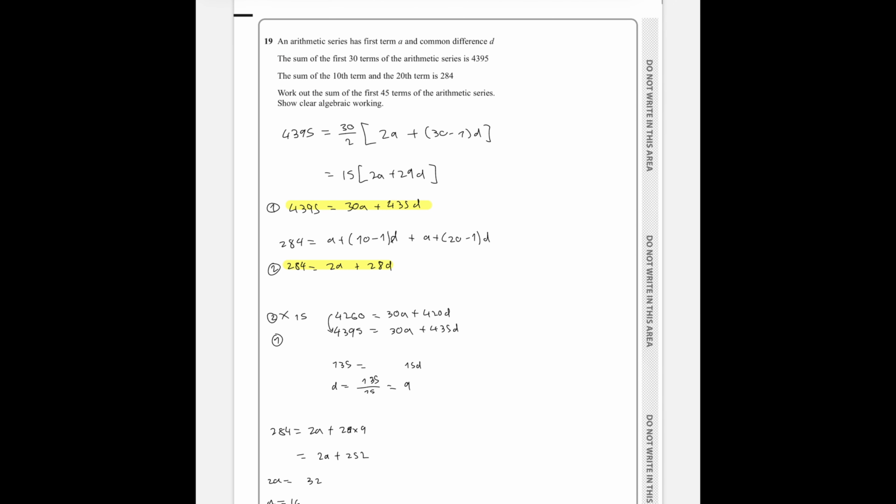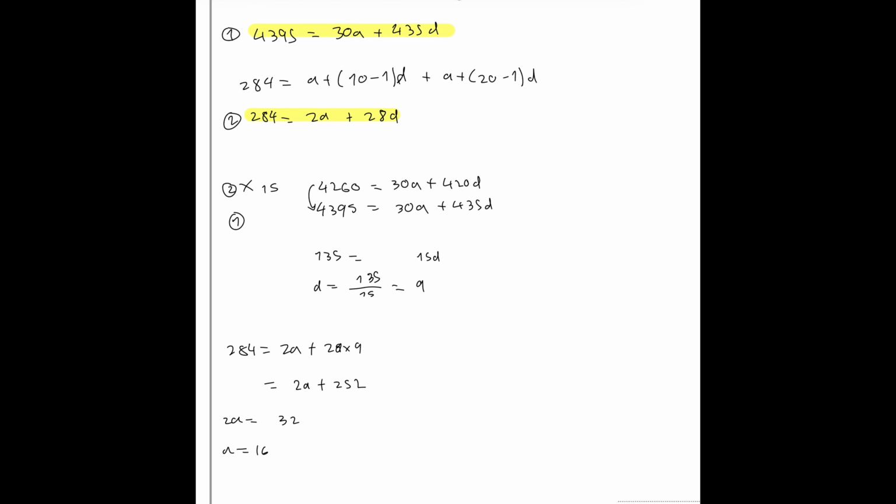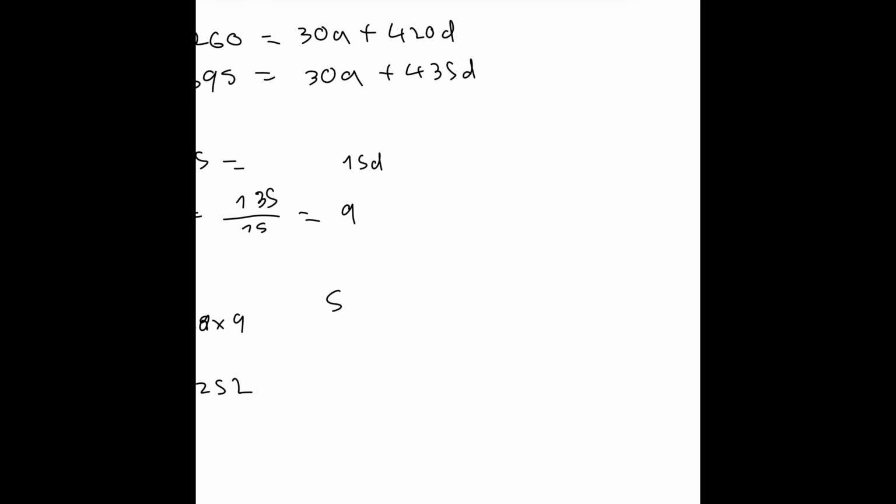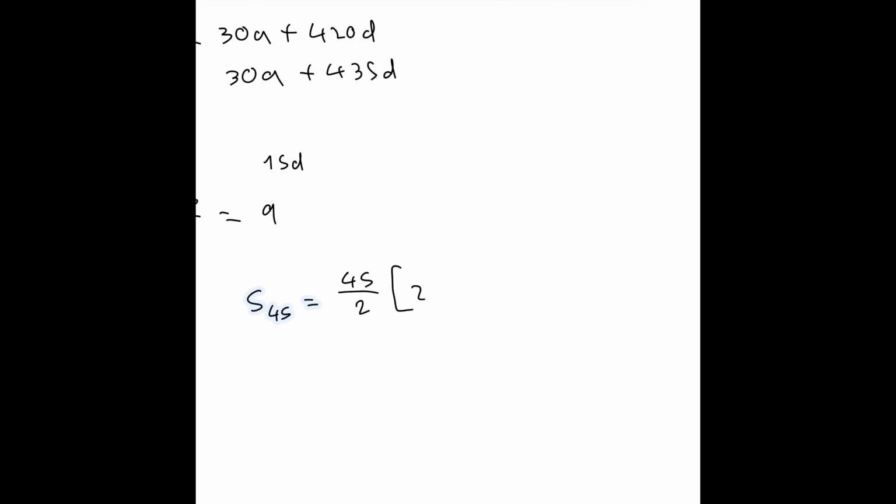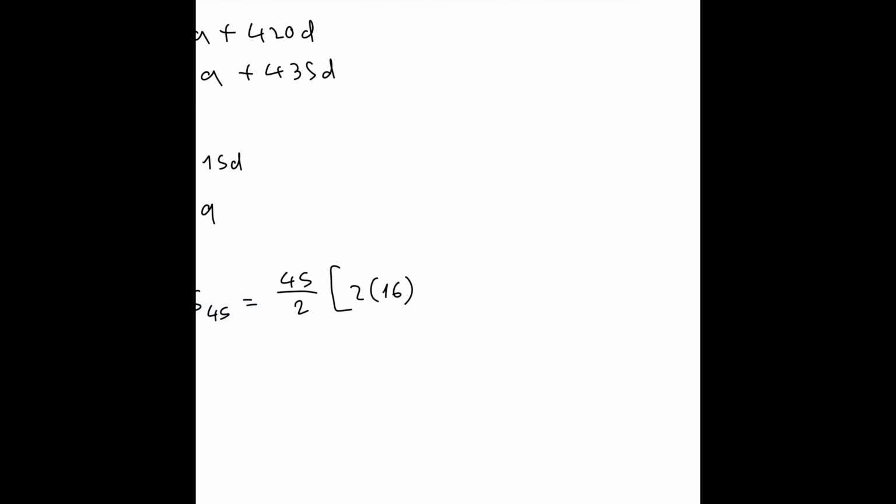And wait, that's not even the question, sorry. Now we have to find the sum of the first 45 terms. So S45 is equal to 45 over 2 multiplied by 2a, and we just found a, which is 16, plus (45 minus 1) times d, which is 9.